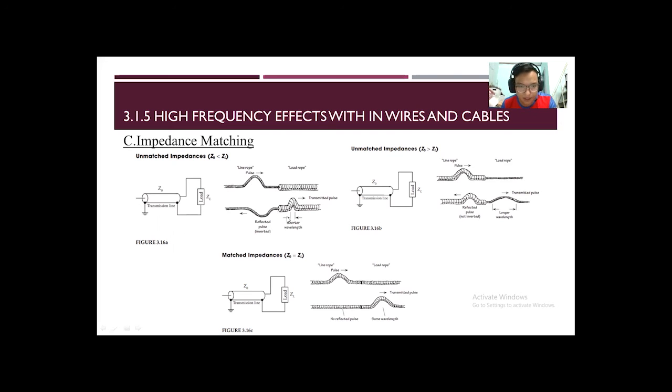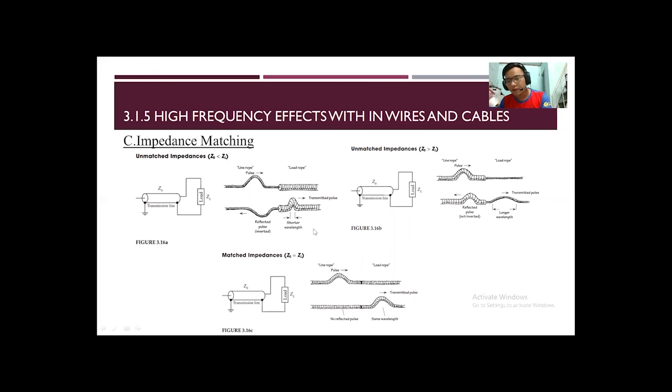Here you can see the transmitted pulse is smaller than the rejected pulse. So we lose some energy when we transfer from the headphone to the laptop, right?